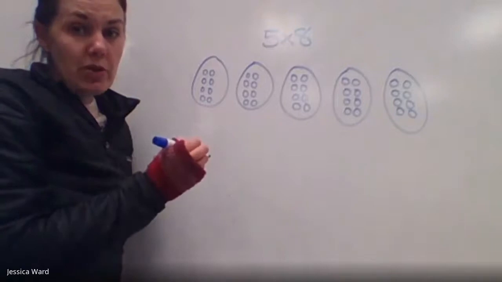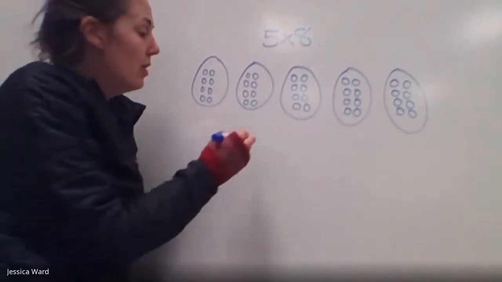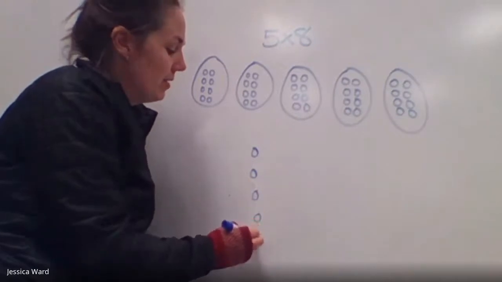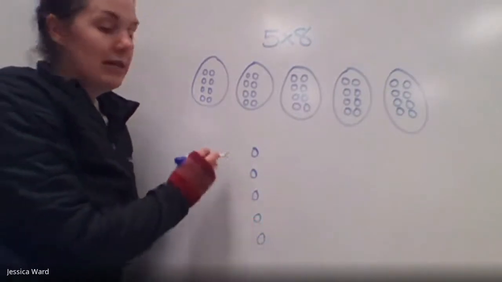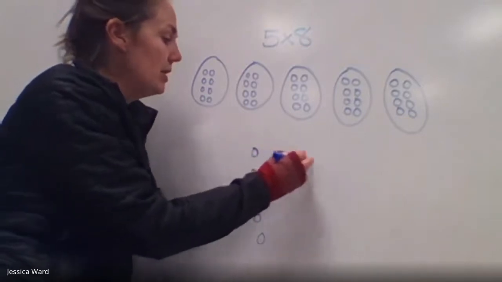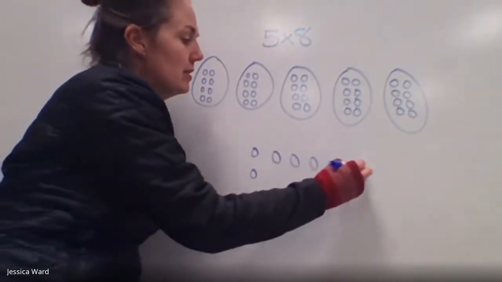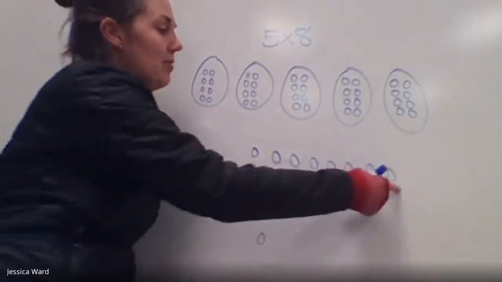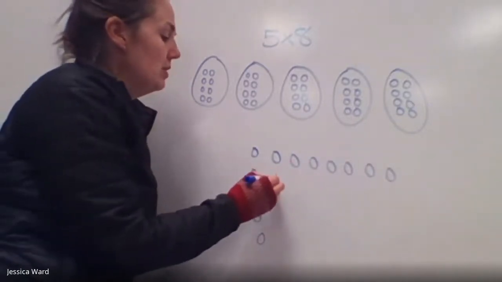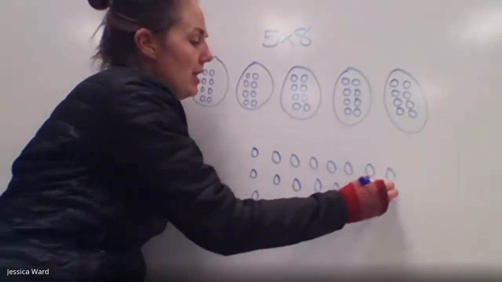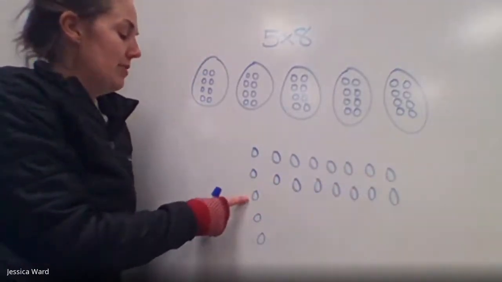If you chose to show it as an array, you could also think of it as I have 5 rows, and in each row I'm going to put 8 pennies. So I have 1, 2, 3, 4, 5, 6, 7, 8 in the first row. I'm going to try and line up my second row with my first row. So 1, 2, 3, 4, 5, 6, 7, 8. Down to the next row.